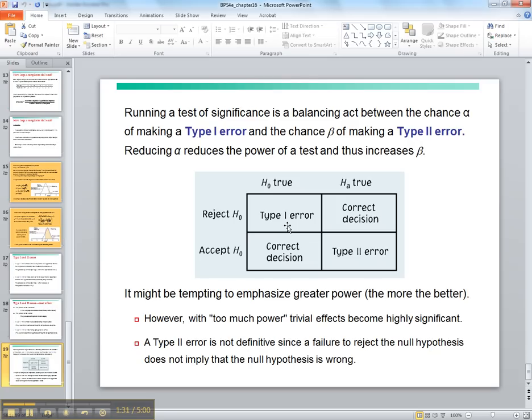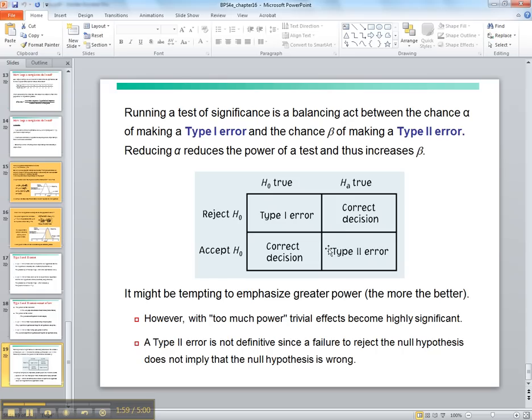In a courtroom setting, if my null hypothesis is that somebody's innocent, and my alternative hypothesis is that they're guilty, that means we rejected that the person is innocent and accepted the alternative that he's guilty, but that person is actually innocent. We made a mistake. That's when a type 1 error occurs, when we put an innocent man in jail.